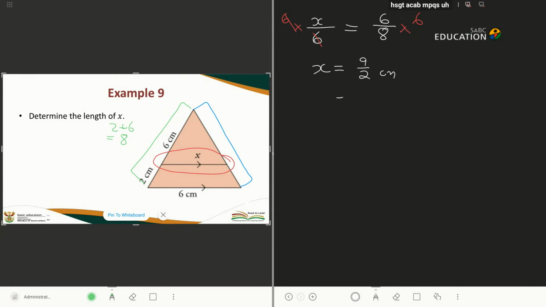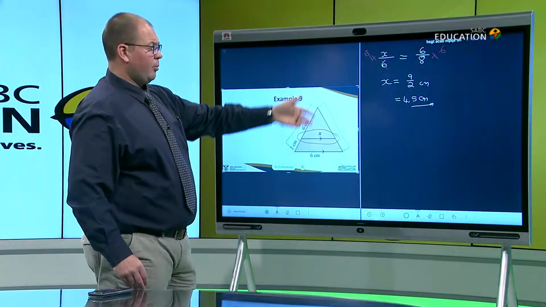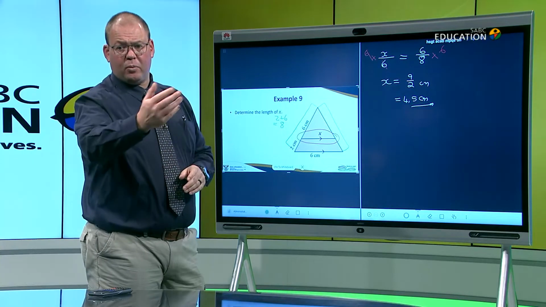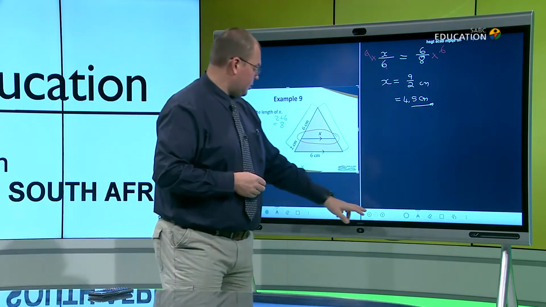So you can go and say, well, it's 4.5, so it's 4.5 centimeters. Okay, so I hope you understand the difference when I'm using similarity, when I'm using proportionality, and then when I'm using my midpoint theorem.